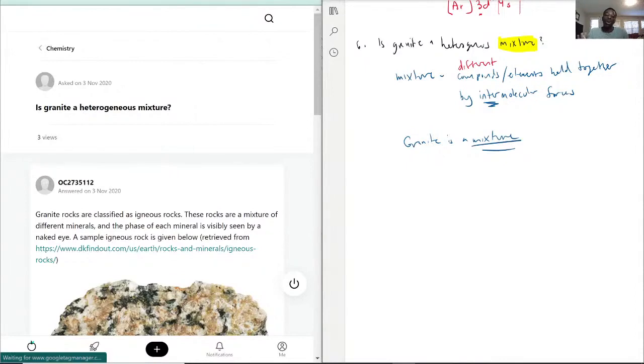Now, homogeneous versus heterogeneous. That's what we're going to discuss next. Homogeneous is a type of mixture where everything looks the same, which is why I brought up bronze. If you have a really pure bronze sheet, everything looks like bronze.